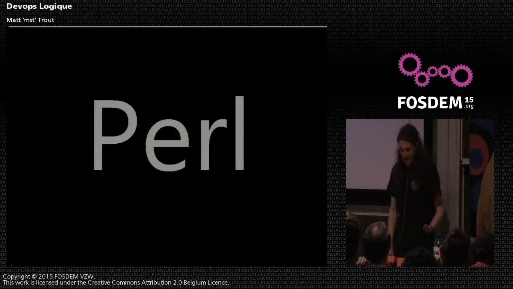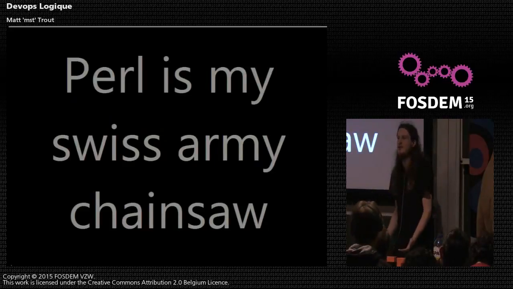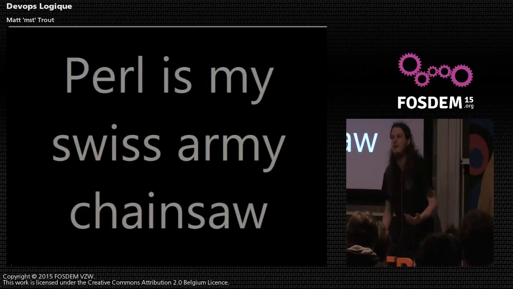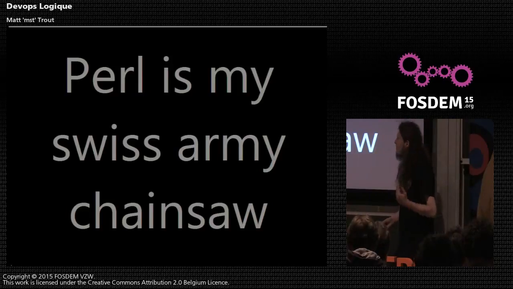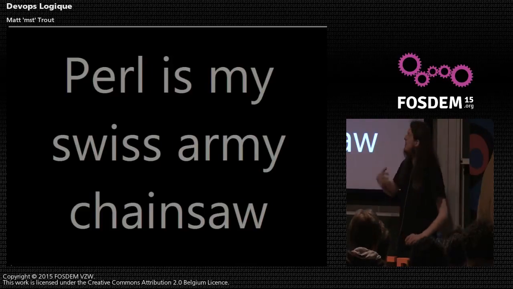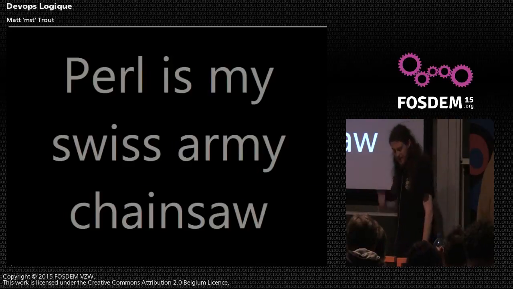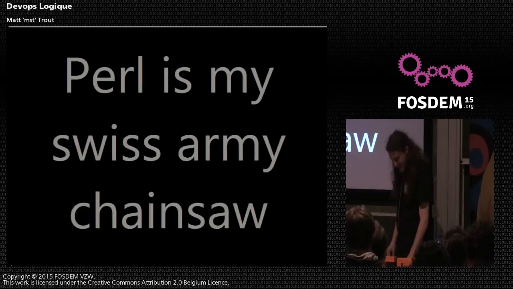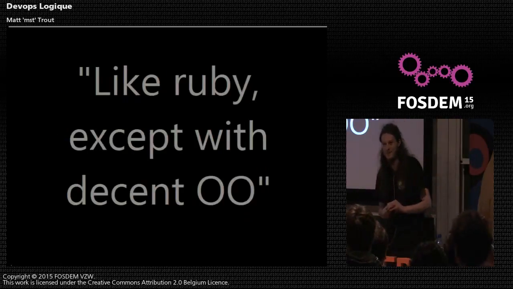Come back to Perl. And, you know, it's the Swiss Army chainsaw. I'm going to build it in Perl first just because I know I will be able to bend it to do what I want. I originally gave this couple of slides at a Unix sysadmin conference, which meant the next slide really did confuse some of the audience.